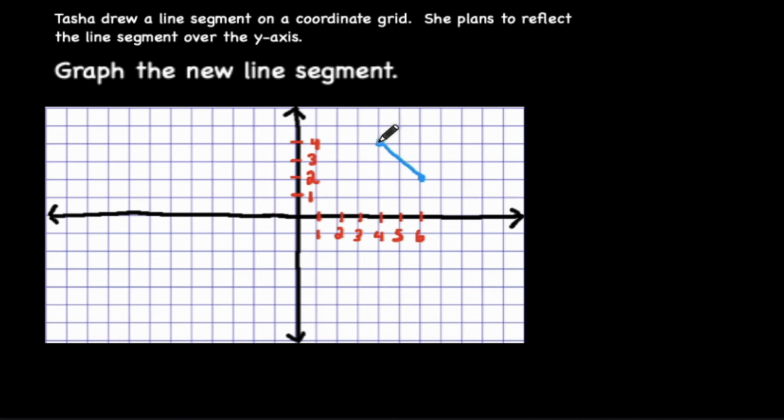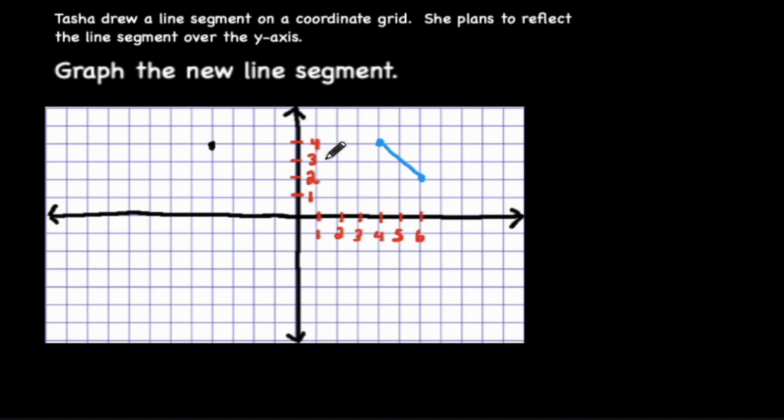I'm going to figure out how many units away it is from the original starting point here, and it's 1, 2, 3, 4. And so I'm going to start from this point here, and then I'm going to move over 4 units to the left this time because I'm reflecting over the y-axis right here. So that's 1, 2, 3, 4, and I'm going to place my new dot right here.